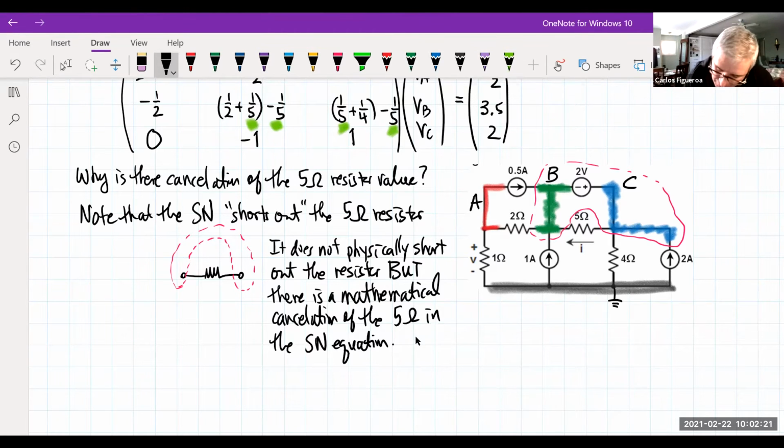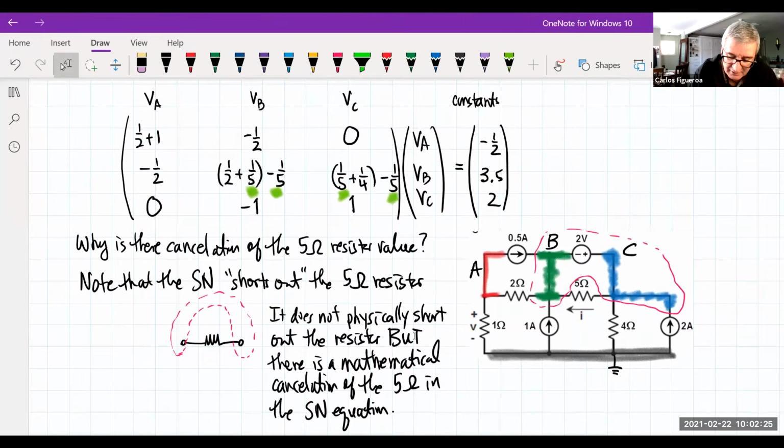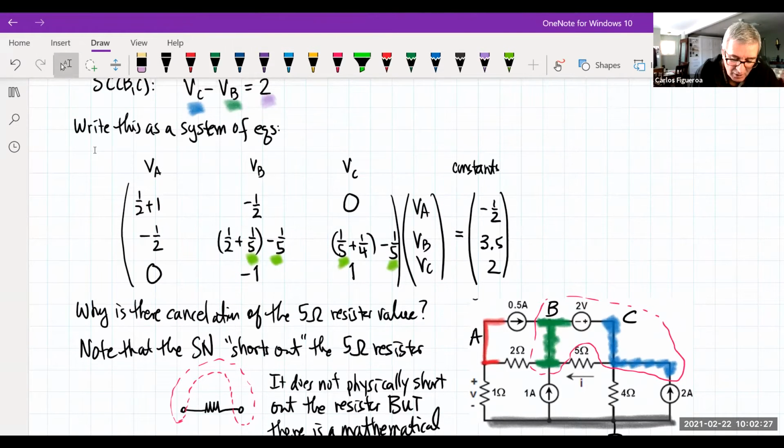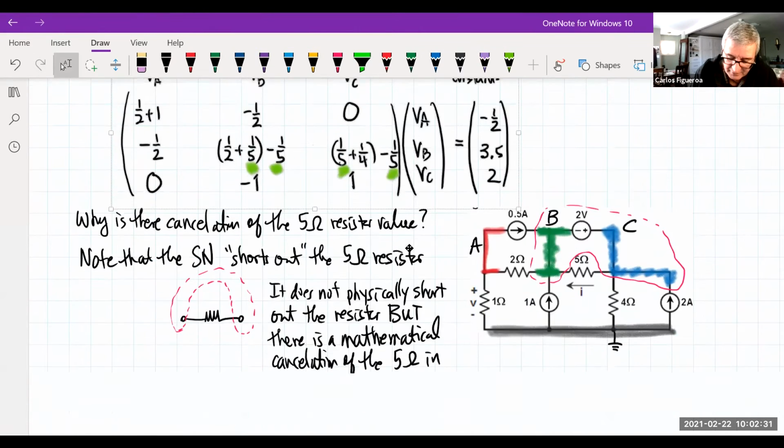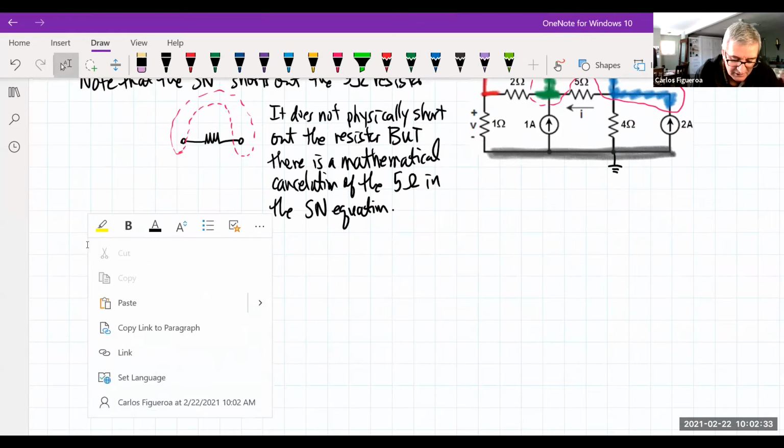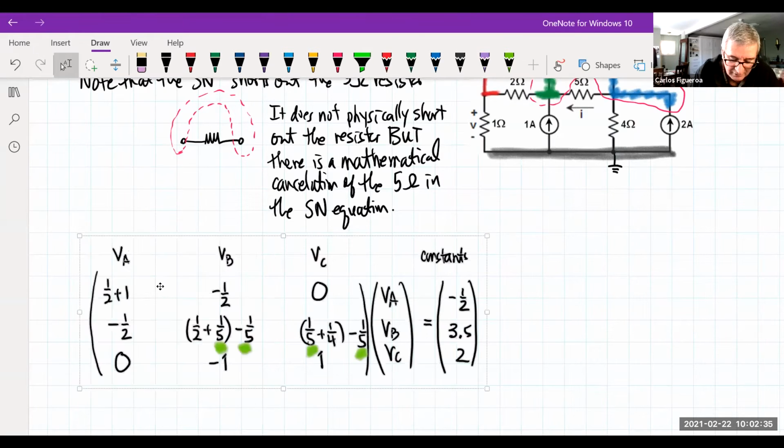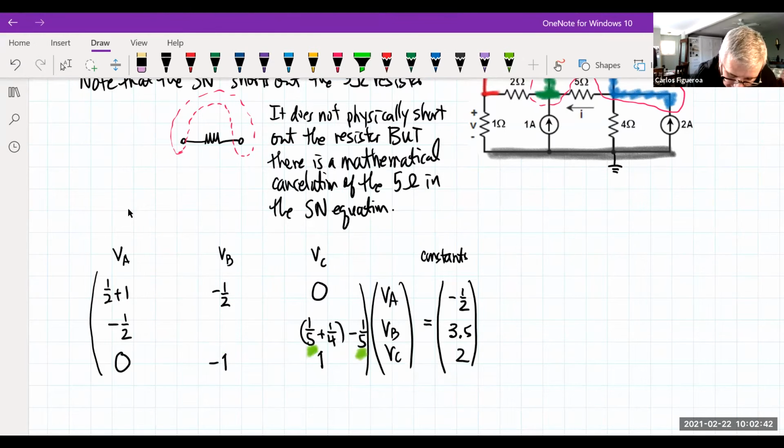So I didn't have to include the 5 ohm resistor in my equation here. I could have taken my node equations and done this. I could have immediately realized that that was this one. So it would have canceled everything out. I would have just said, let's just ignore that cancellation, that number.